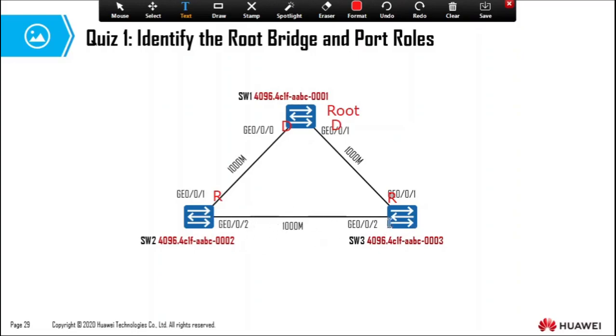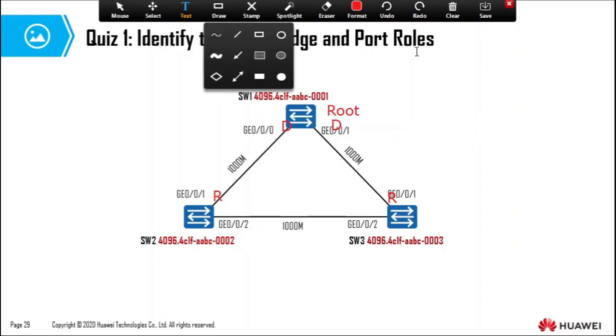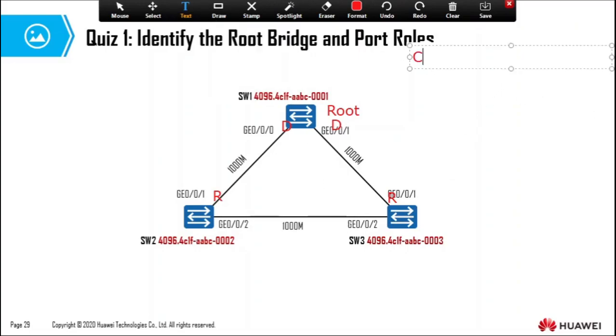Very well. Of course there's a port we need to block here, and to do that we need to select which port among these two, G002 on S2 and S3, is going to be the alternate and which is going to be the designated. So to find the designated, first we compare what? The RPC.